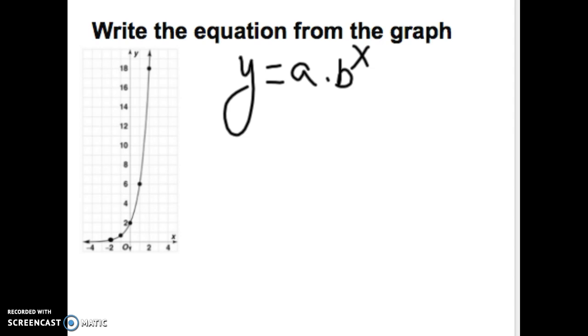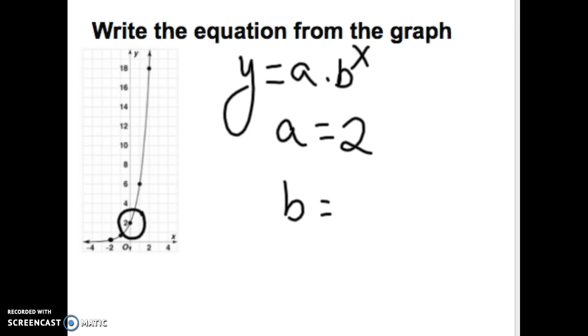Y equals a times b to the x power. A is your initial value. So another way to think about this is, what is our y-intercept? We take a look at the graph, and our y-intercept is actually at 2, meaning that in our function, a is 2.